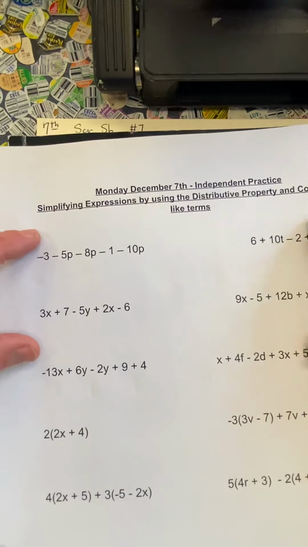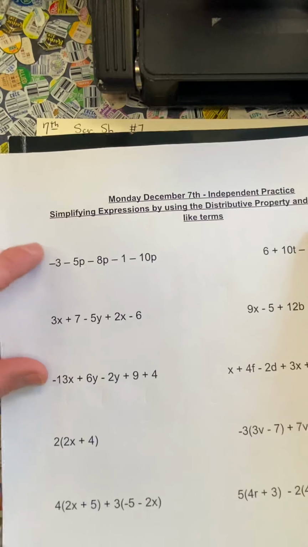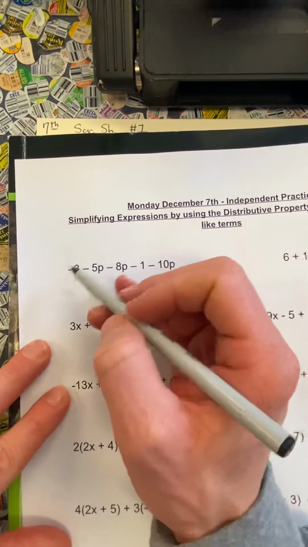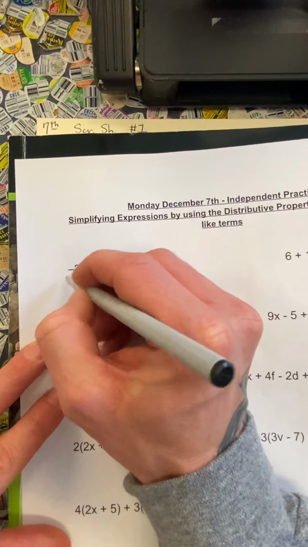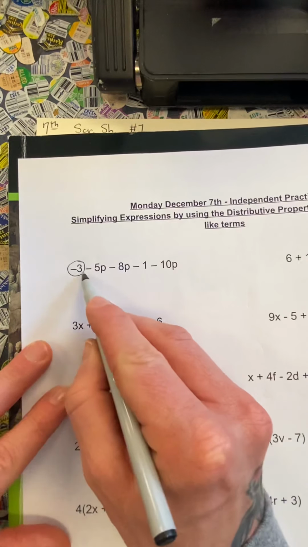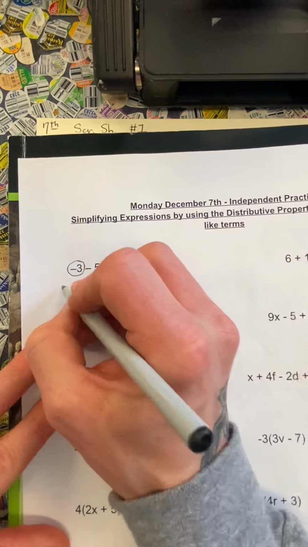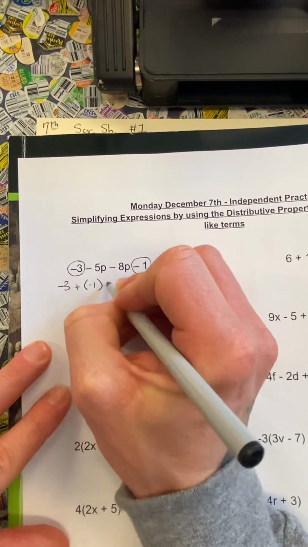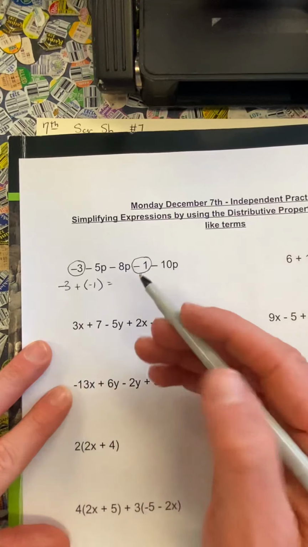So up top, you have 6 combining like terms problems. We're going to look at the first one together. So if we look, what are the terms that are alike, meaning the ones that have the same variables, or regular numbers, right? So negative 3 and negative 1. So we've got negative 3 plus negative 1. And then all the other 3 terms all have a p.